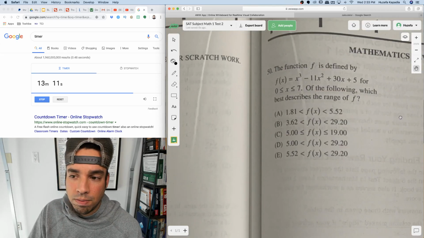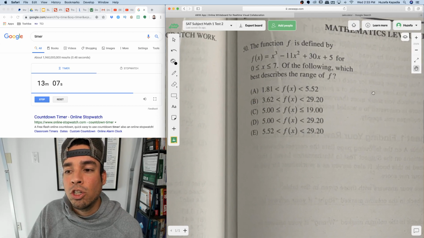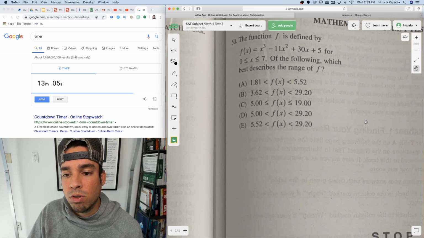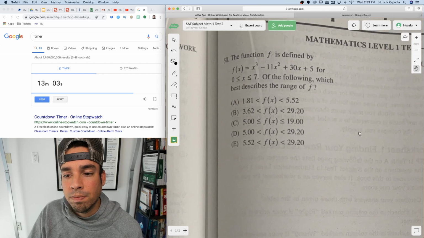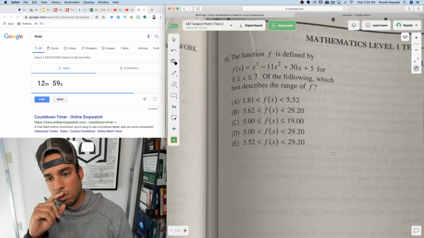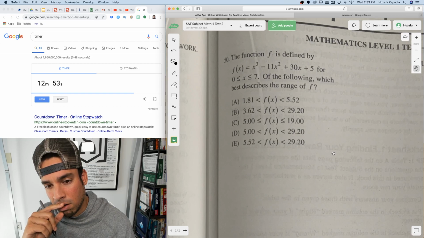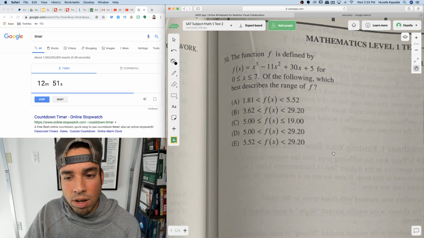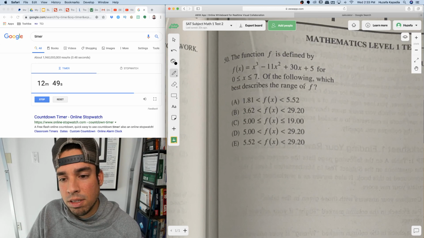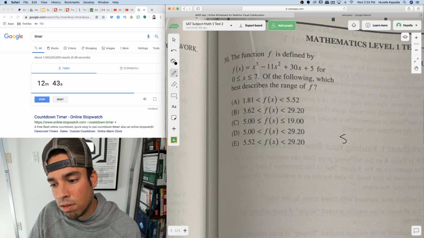The function f is defined by the following. Which of the following best describes the range of f? So 0 through 7. You could graph this because you'll have a graphing calculator. That being said, I'm going to plug in 0, and it's 5.